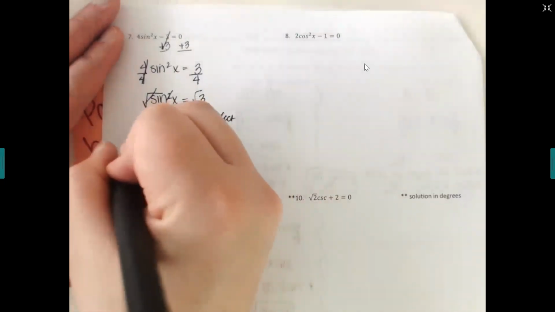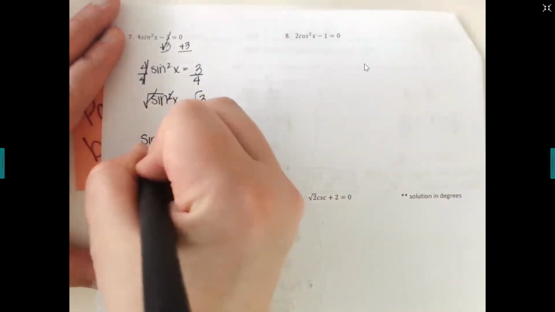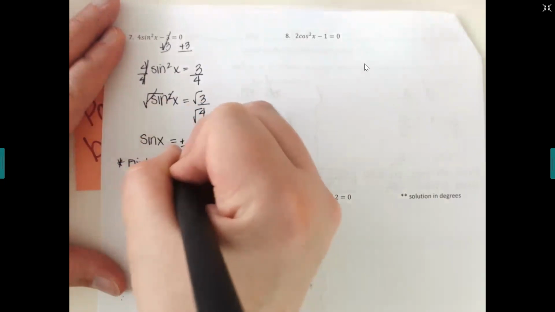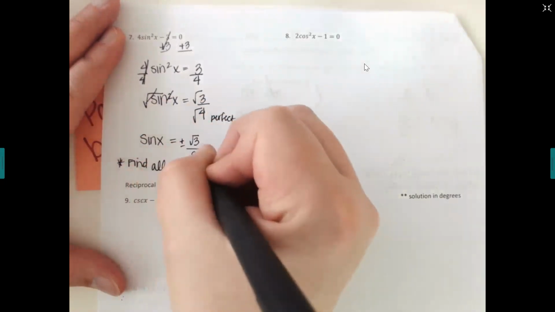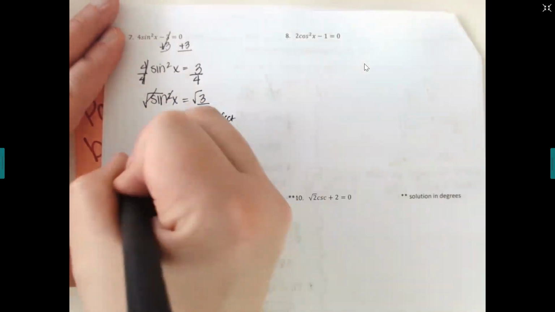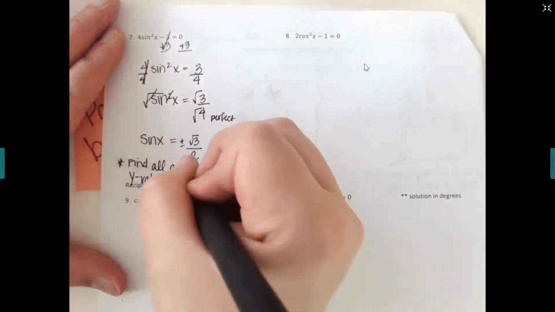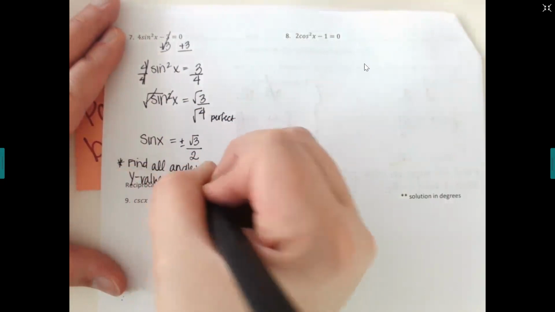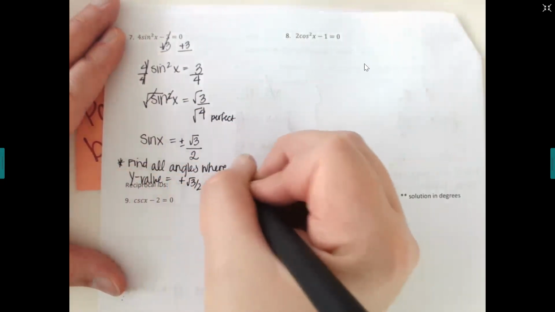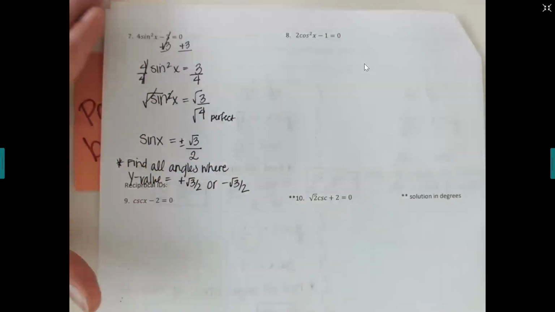So I want you to write down, there should be 4 places. We'll check them in a second. Okay, I'm gonna write that little sentence here, but you don't have to if you feel like you got it. So find all angles where the y value is plus root 3 over 2 or minus root 3 over 2.